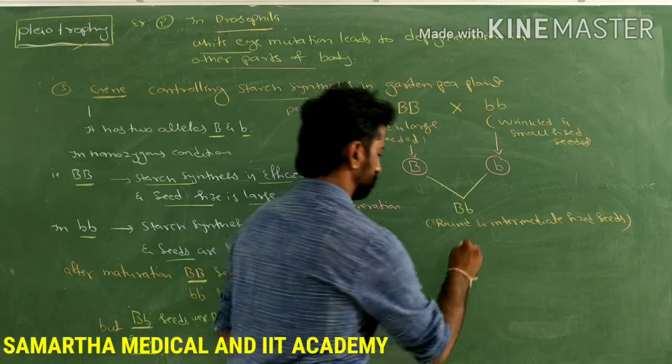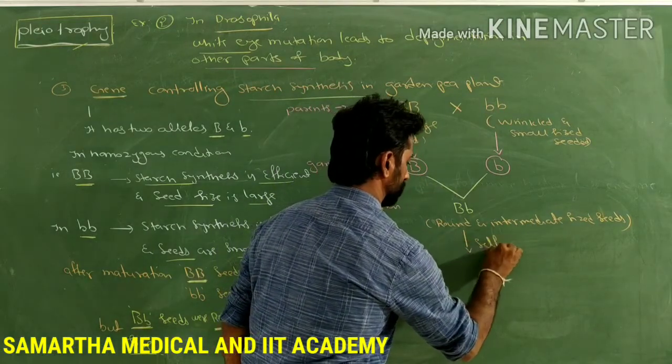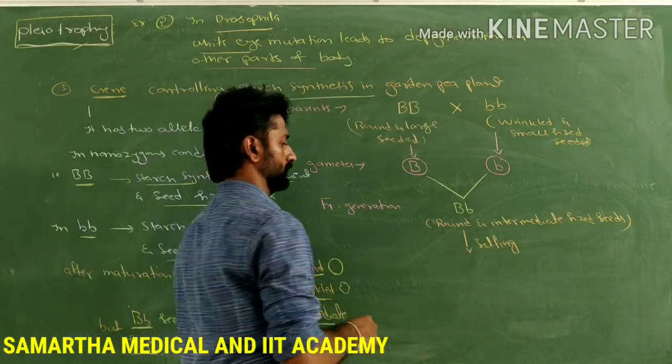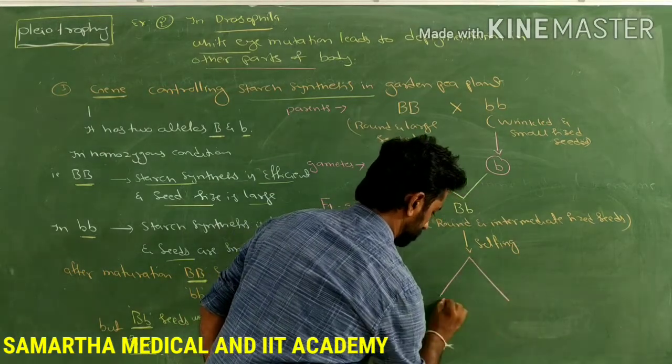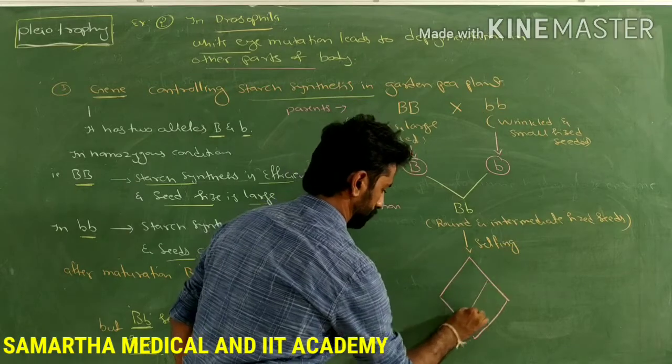When such F1 plants are allowed for selfing or self-pollination, what happens? Then they produce offspring, and their phenotypic ratios were found to be as follows.